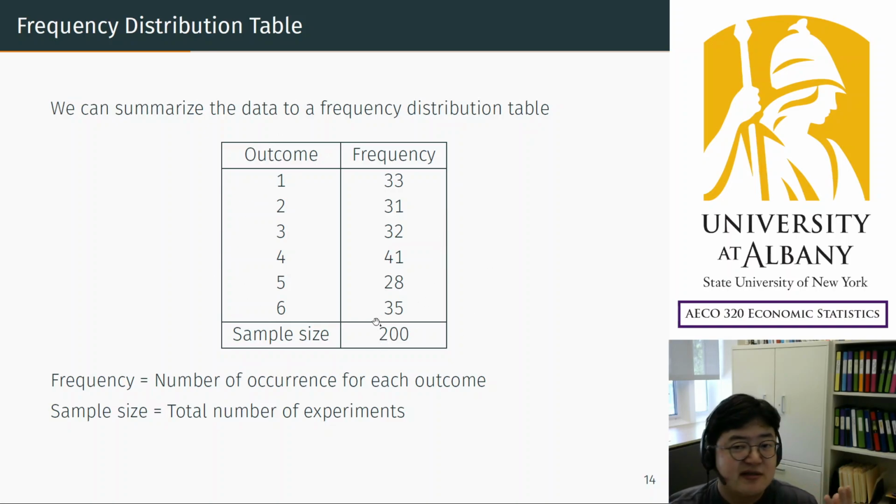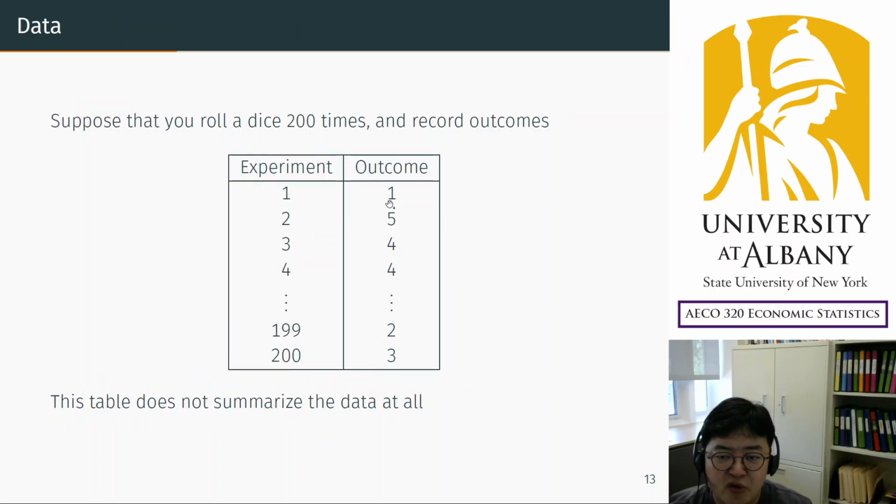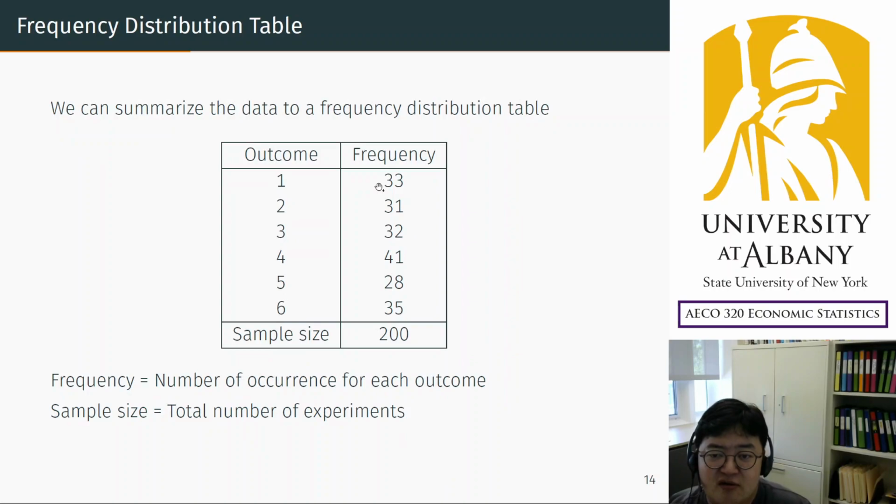This summary doesn't lose any information, basically. What I only lose is the order. I observe 1 from the first experiment, 5 from the second experiment, but you don't need that information, right? Other than that, it contains all the information, but I could still summarize the information a lot. It's much more compact.